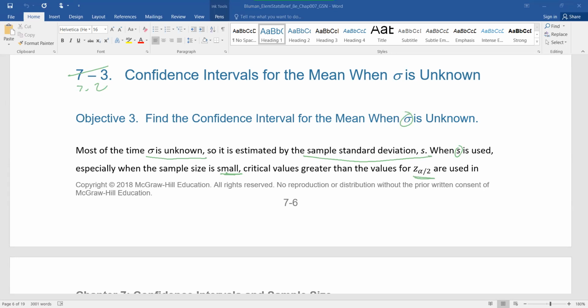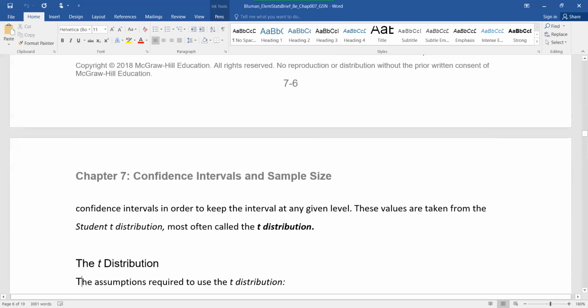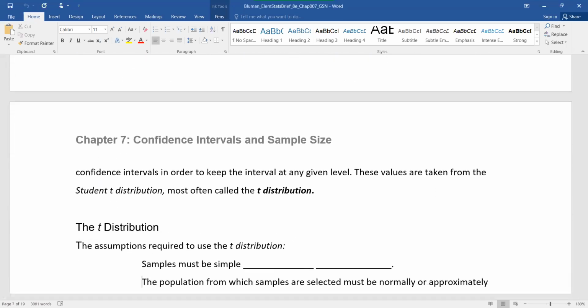These values are the student distribution, often called the T distribution. So this is important. This is when you're trying to find the confidence interval and you have certain situations. Here's your first situation: T distribution.